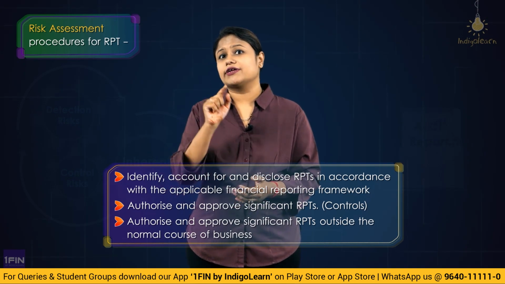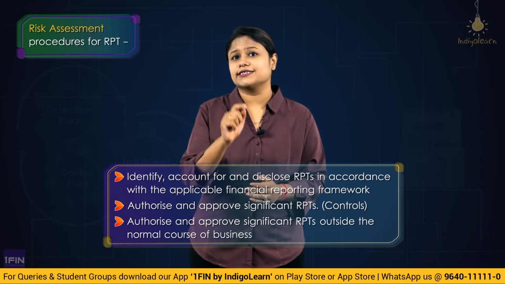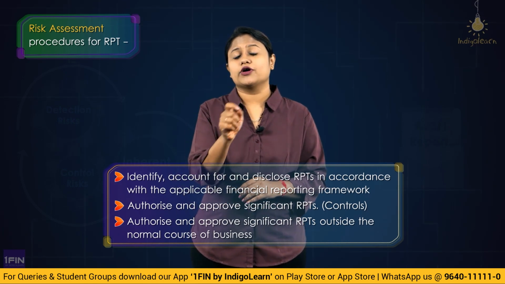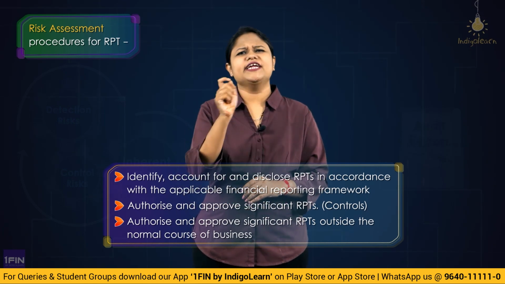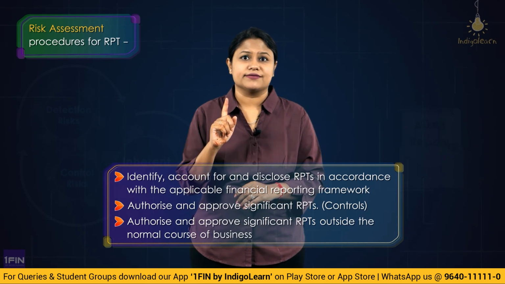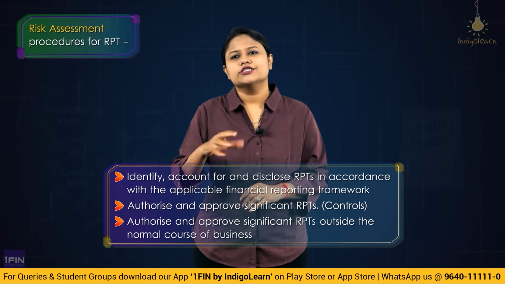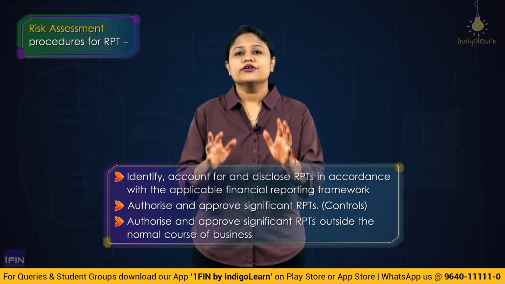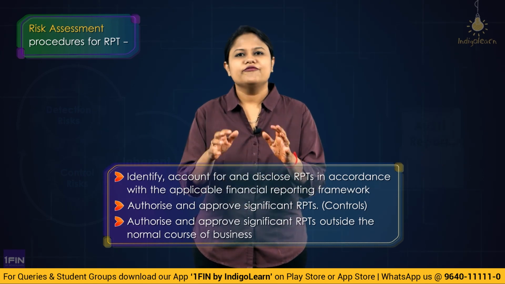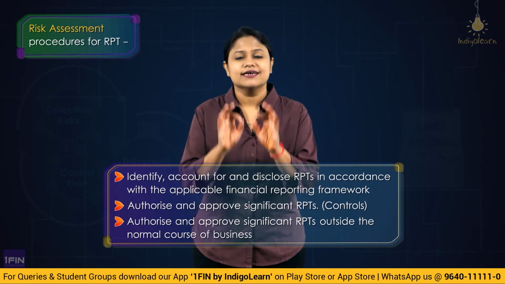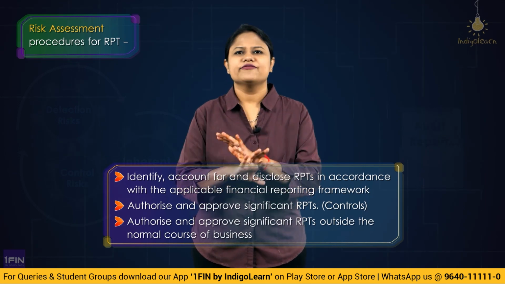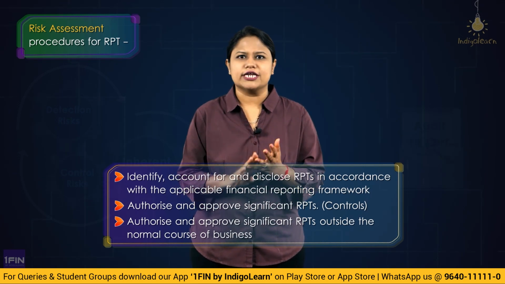And that, if it is done with related party, again a very serious area of risk. So the auditor should see whether there has been a proper authorization of any transaction which has entered with the related party, which is outside the course of the normal business. Got it? So very simple. When we do the risk assessment, we are going to understand the entity's related party relationships. And how do we understand? Very simple. We will talk to the management.